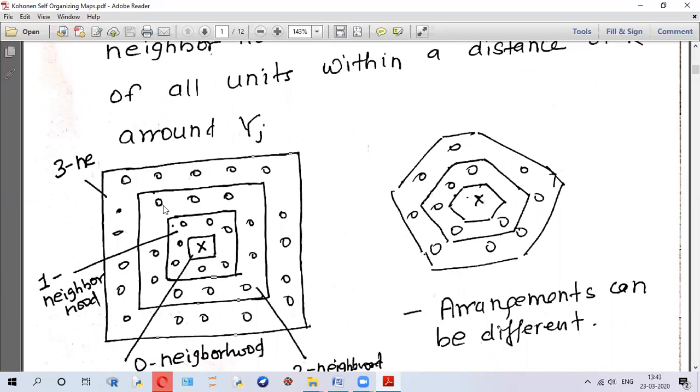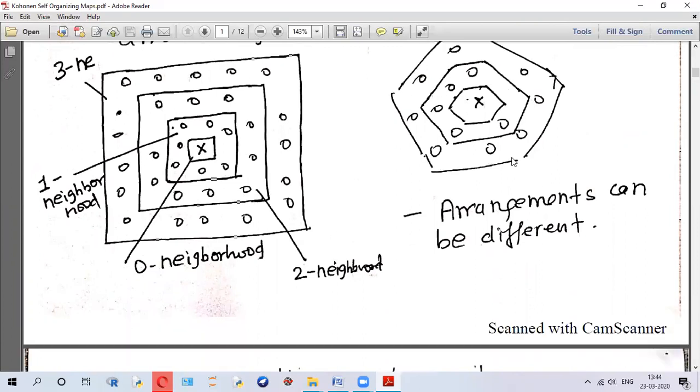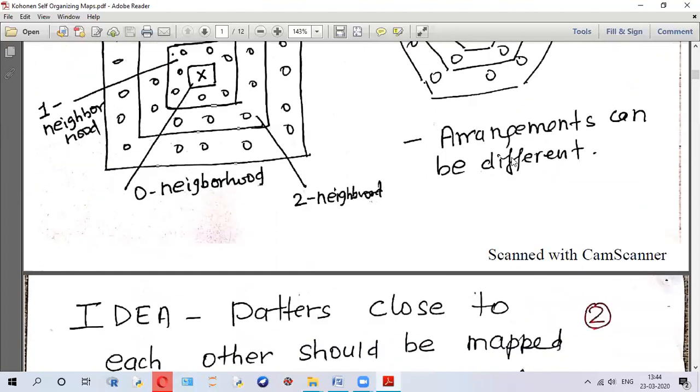Similarly, if we talk about two neighborhoods corresponding to the given neuron, then all the neurons in this area would be declared as the nearby neurons. Another arrangement could be this way also. So the arrangements can be different, and that is how we need to define the value of R, which would declare a region in which the corresponding neuron's neighbors would be defined.